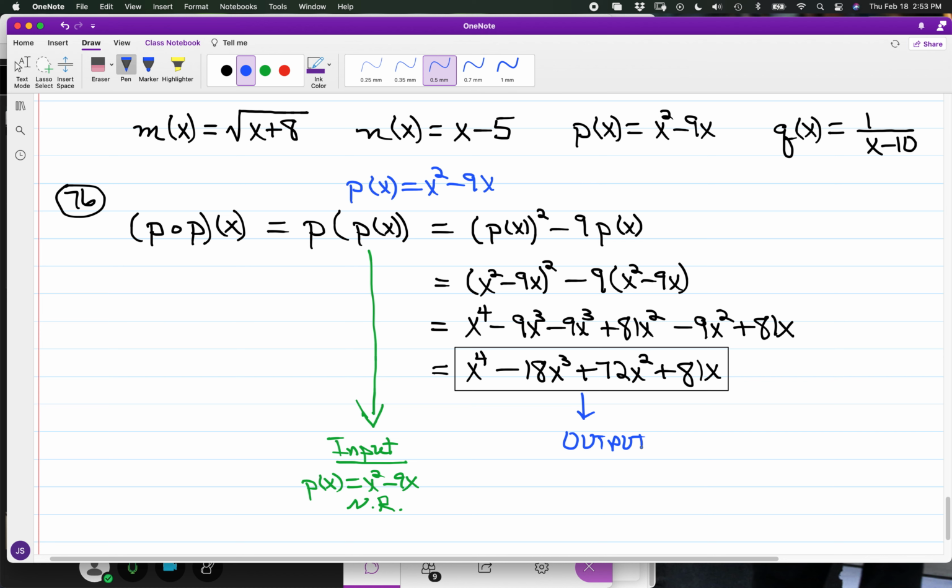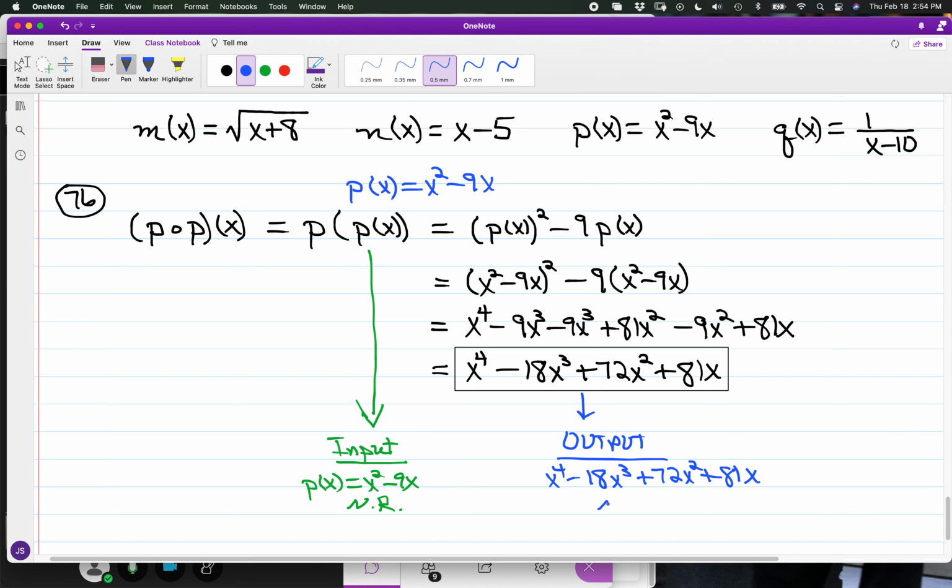And with the output, you had this fourth order expression, and if you notice among the terms, there's no fraction or even root radical among them.